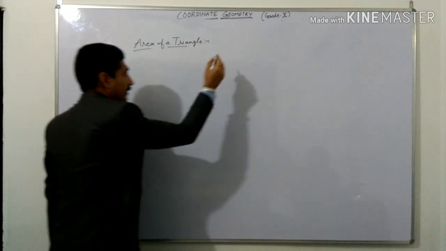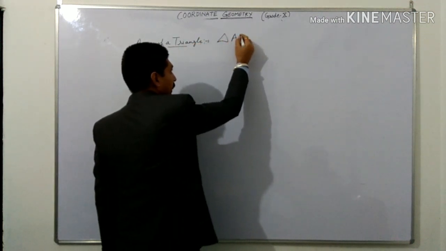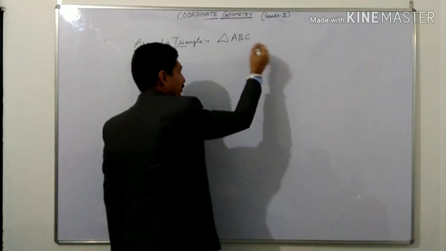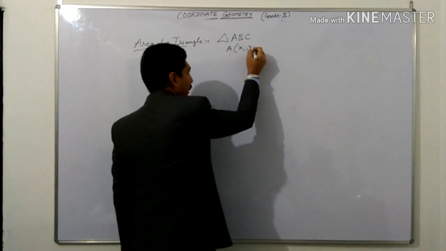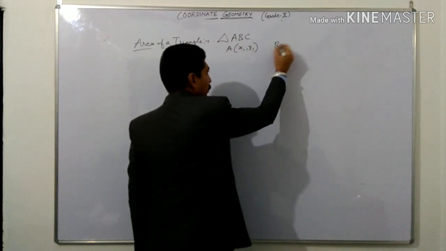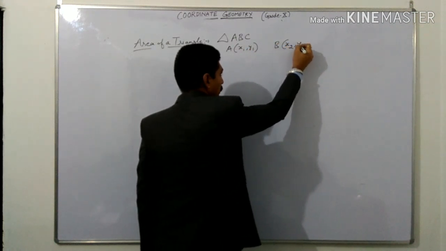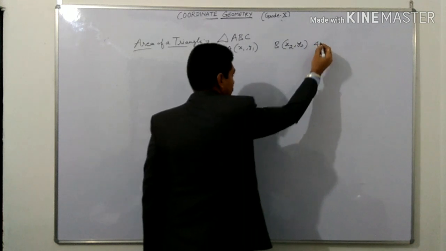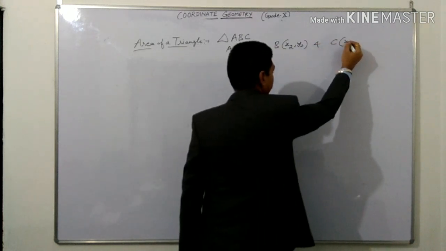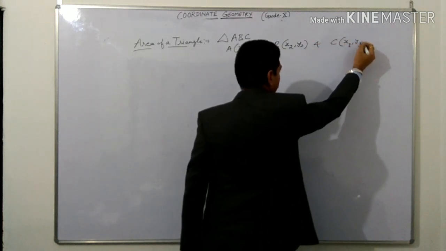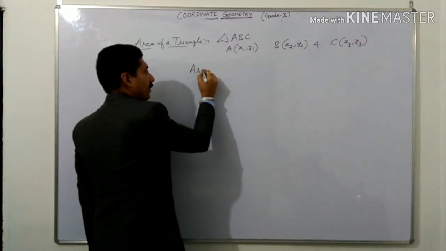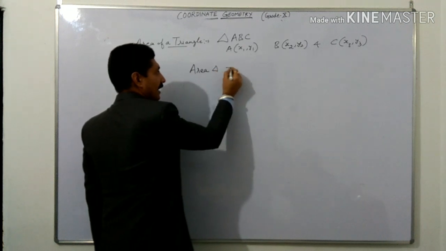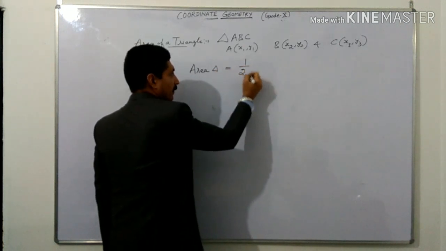If any triangle ABC has vertices A (x1, y1), B (x2, y2), and C (x3, y3), then the area of the triangle is always equal to half.